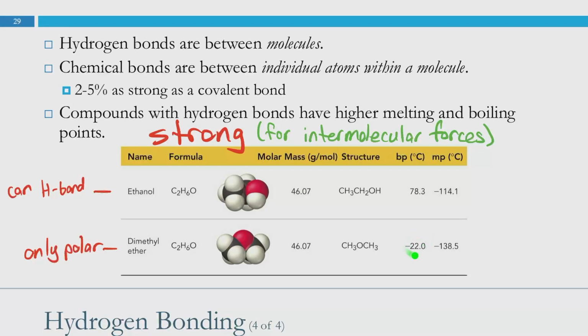Our boiling point for dimethyl ether is minus 22 degrees Celsius. And our boiling point for ethanol, which can hydrogen bond, is like 106 degrees higher, if my mental math is mathing.